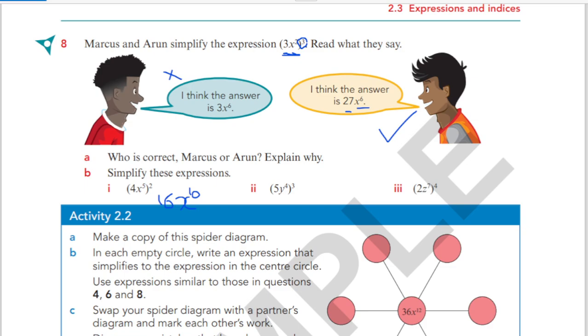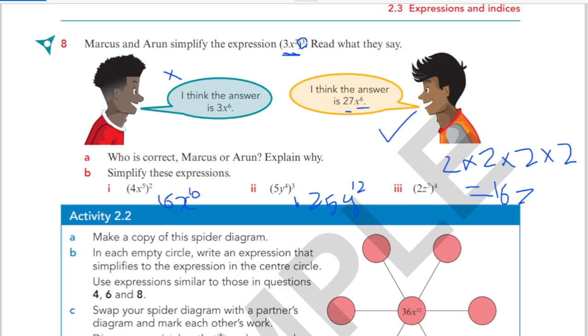Okay, now cube of 5 will be 125, and y power 4 multiplied by 3 will be y power 12. 2 raised to power 4 will be 16: 2 into 2 into 2 into 2 is equal to 16.